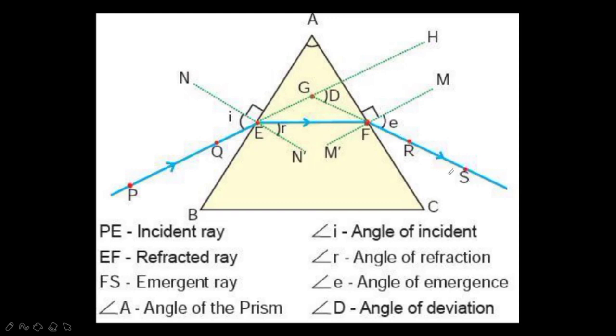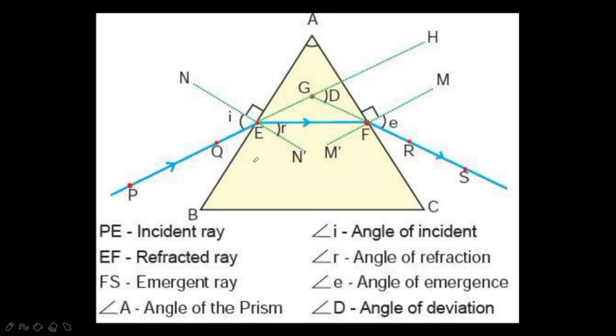What is FS? Emergent ray. This is the angle of the prism, angle of incidence, angle of refraction, angle of emergence. This is the angle of deviation. So the light ray bends when it passes through a rectangular prism.